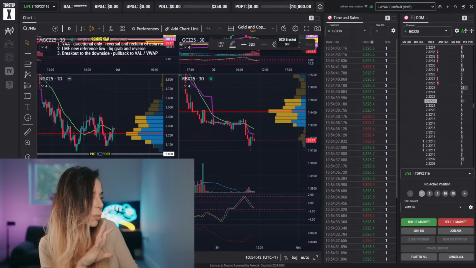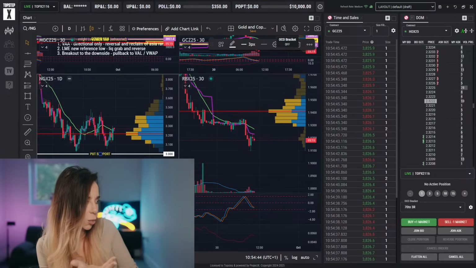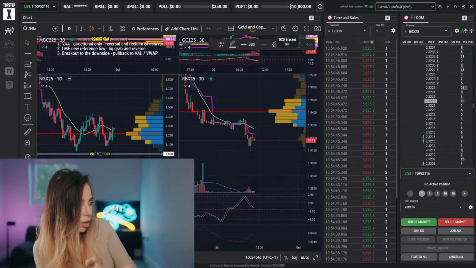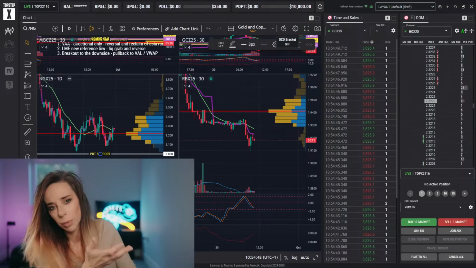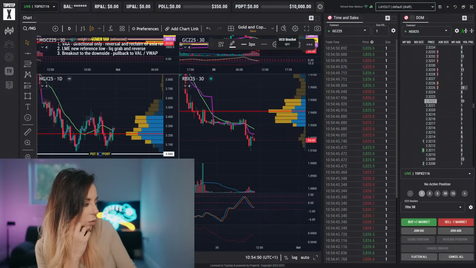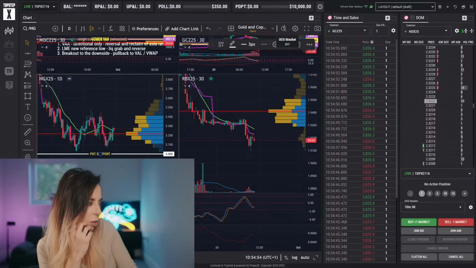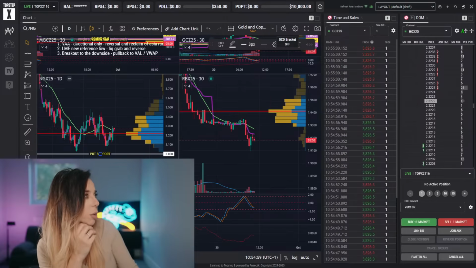But let's say that we get a bit of a pullback down. There's a GEX1 at 320. There is an exhaustion level, so ADR, at 315. So if we get to 315 and we start to track higher, that would be something to consider.